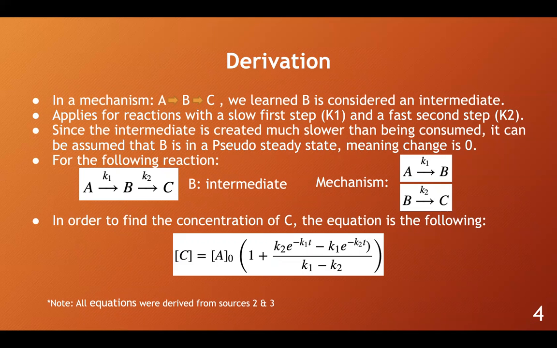So for the following reaction, K1 is the process from A to B, and K2 is from B to C. As we see here on the right, the mechanism is shown.